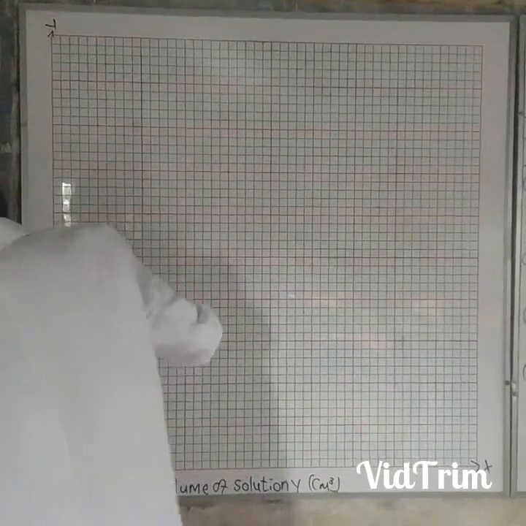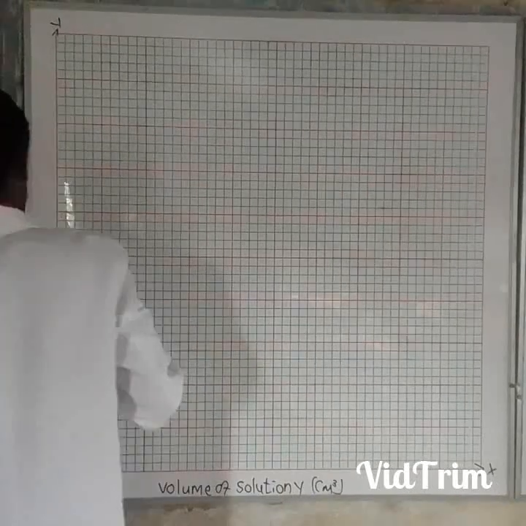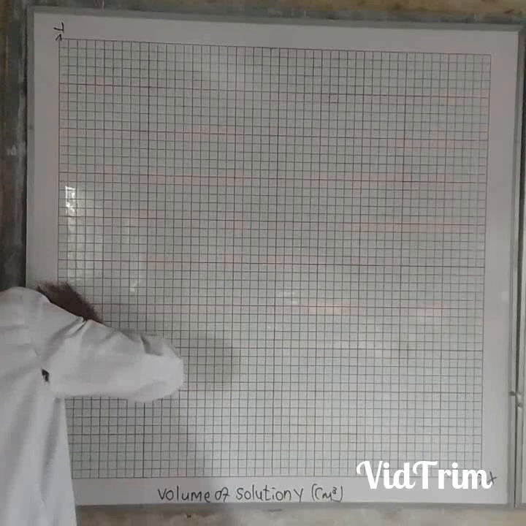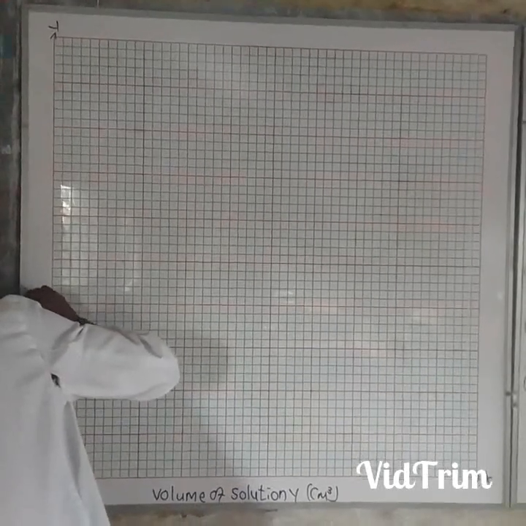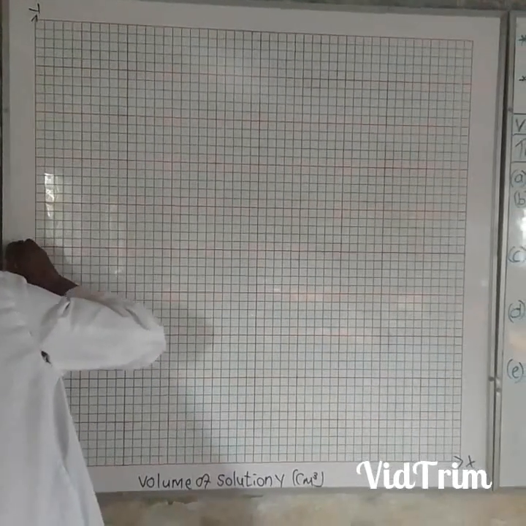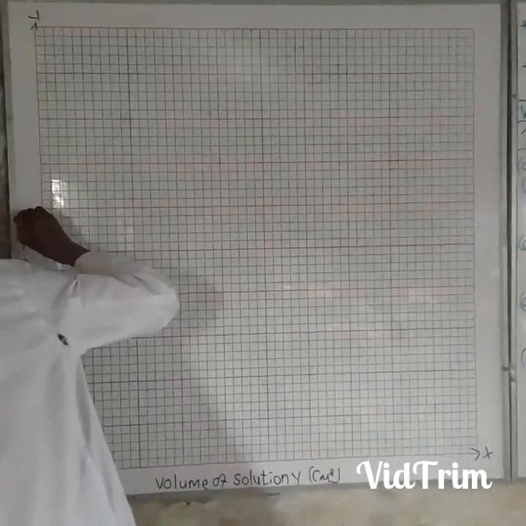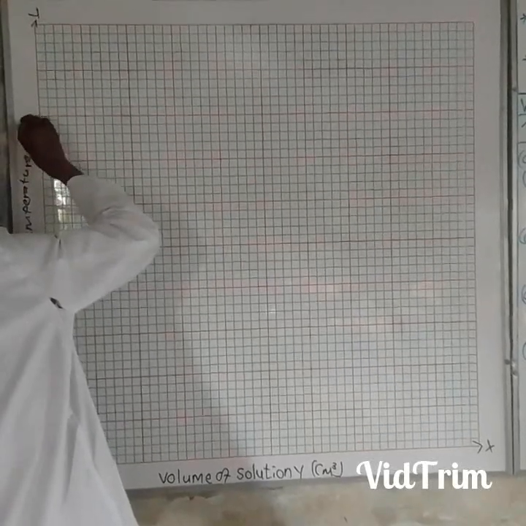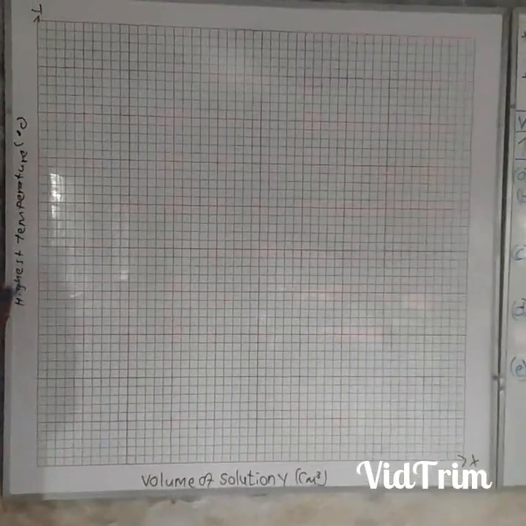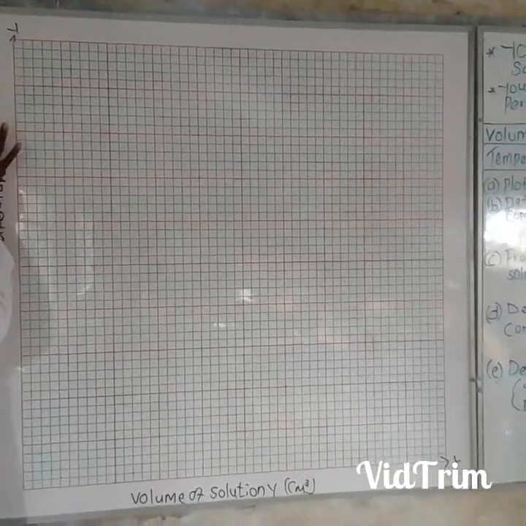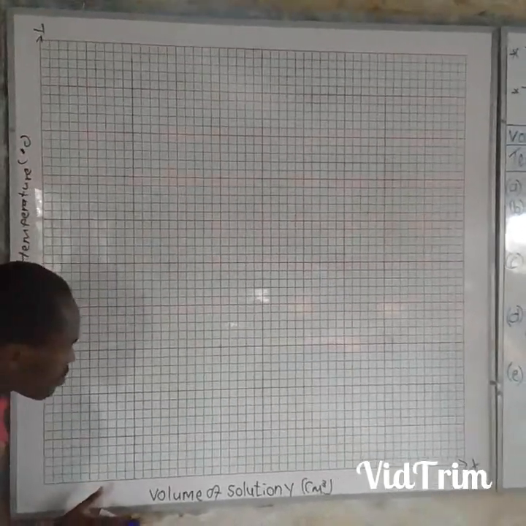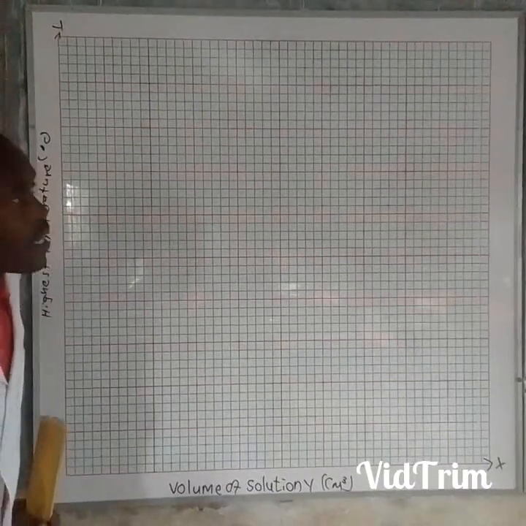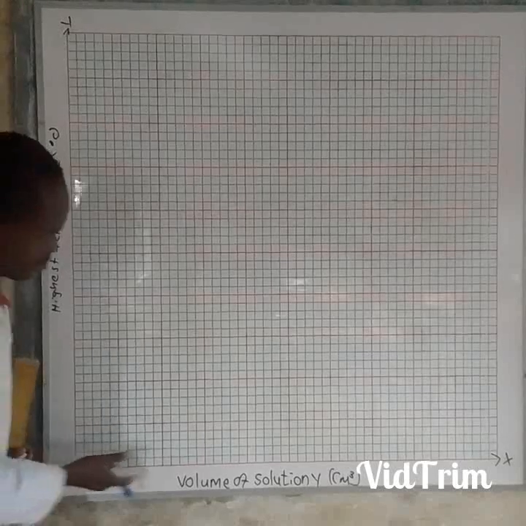Then here I have to write the temperature, let me say the highest temperature in degrees Celsius. This is a graph of highest temperature in degrees Celsius against volume of solution Y in centimeter cube. Is it okay?